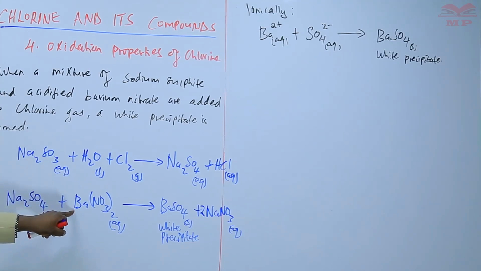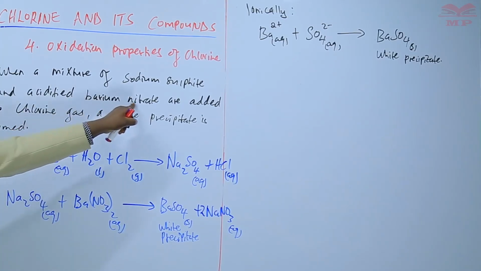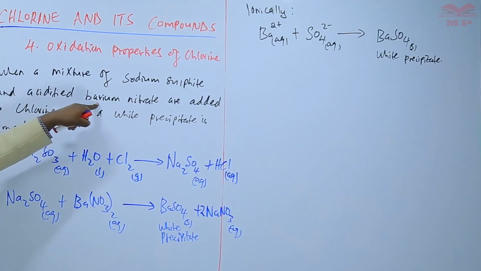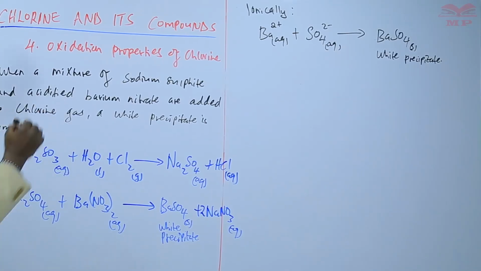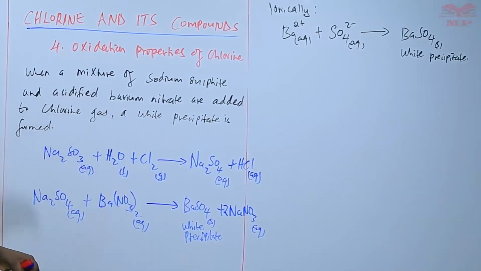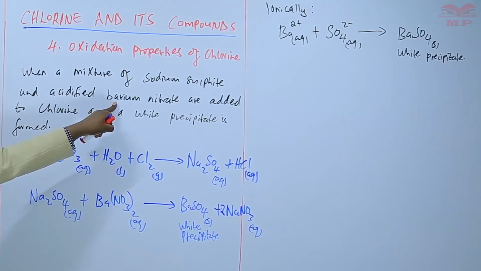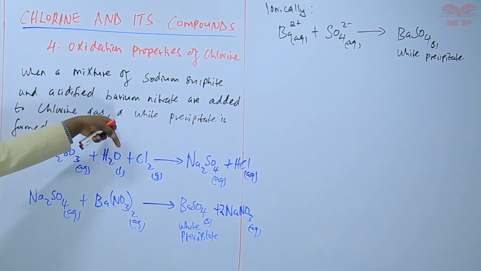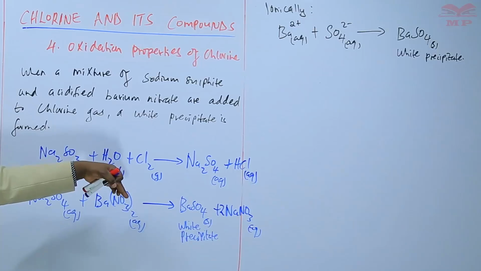But before we take another example, it's important to note that barium nitrate is acidified using nitric acid. Barium nitrate is acidified using nitric acid because if you acidify using hydrochloric acid, it will introduce the chloride ions, and the chloride ions are going to interfere with the reaction.